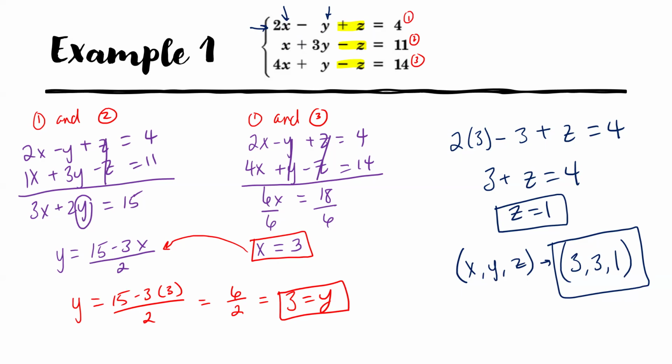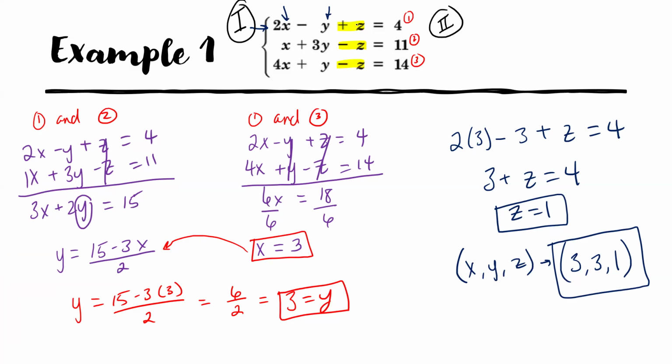Okay. So let's recap all of our steps. We're going to label as we recap what we did for each one. I'll have to go back and forth. So step 1 is write all equations in standard form. That's the very first step. Are they already in standard form? Yes. Step 2 is to label your equations. So I labeled my equations 1, 2, 3. Step 3 is to choose a variable to eliminate.